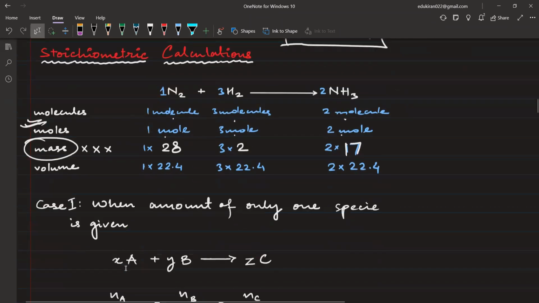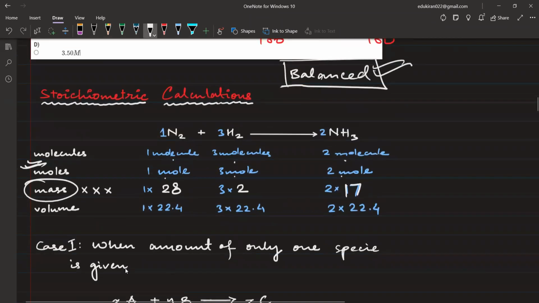So case 1, when the amount of only one species is given. They can give you the amount of one reactant, or the amount of one of the products. ठीक है? And product का amount देके वो पूछेंगे कितना reactant use होगा, or they will give you the amount of reactant and ask you how much product will be formed. Okay, so when the amount of only one species is given, you can use a simple formula.